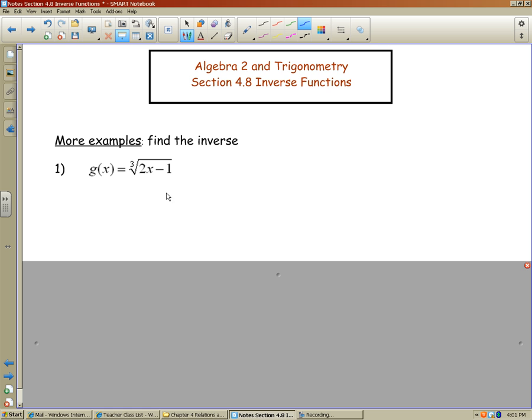Try this one. Pause the video and see if you can do it. Switch the x and the y, solve for y, and then just write it with inverse function notation. So again, we have to remember that g of x is y. So we'll switch the x and the y. This is the cube root, so to get rid of the cube root, we're going to cube both sides.